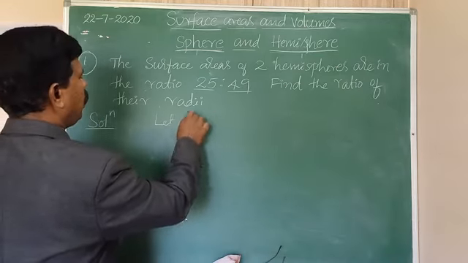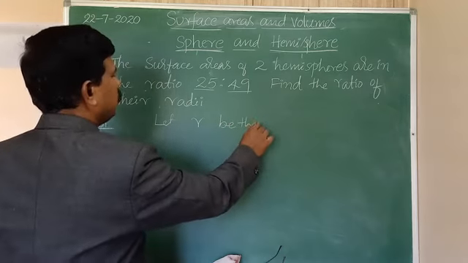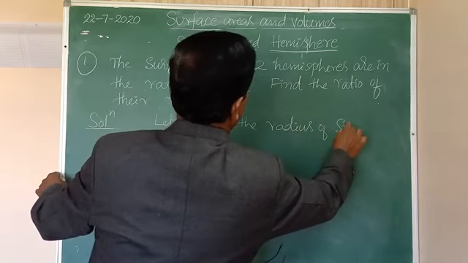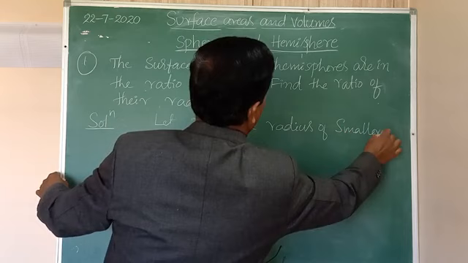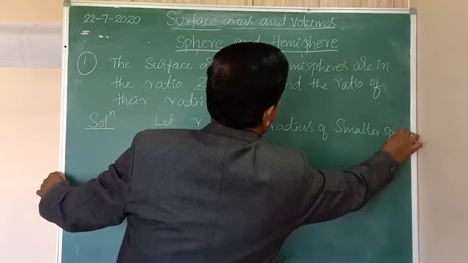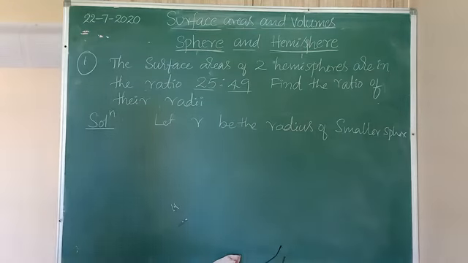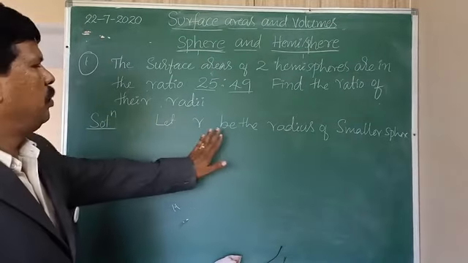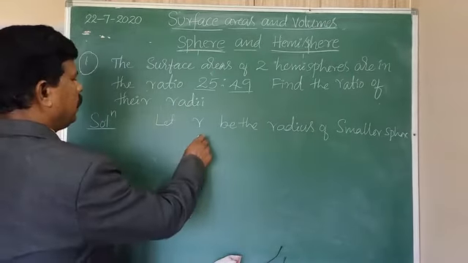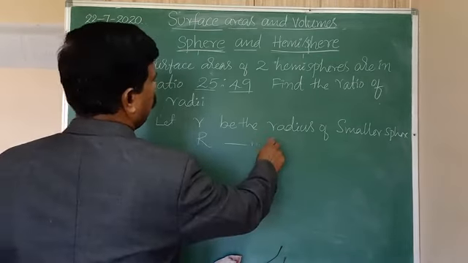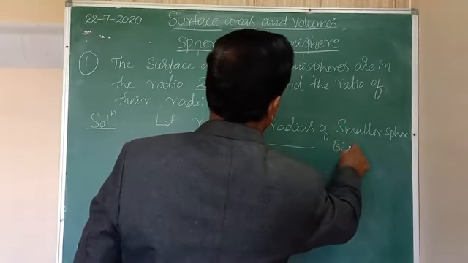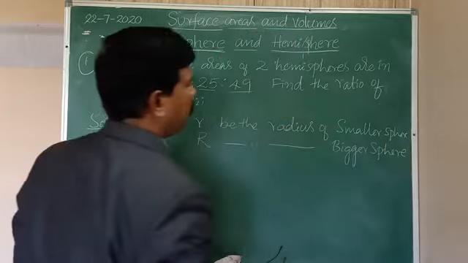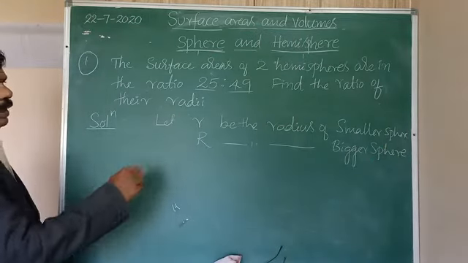Let r be the radius of the smaller sphere and capital R be the radius of the bigger sphere.